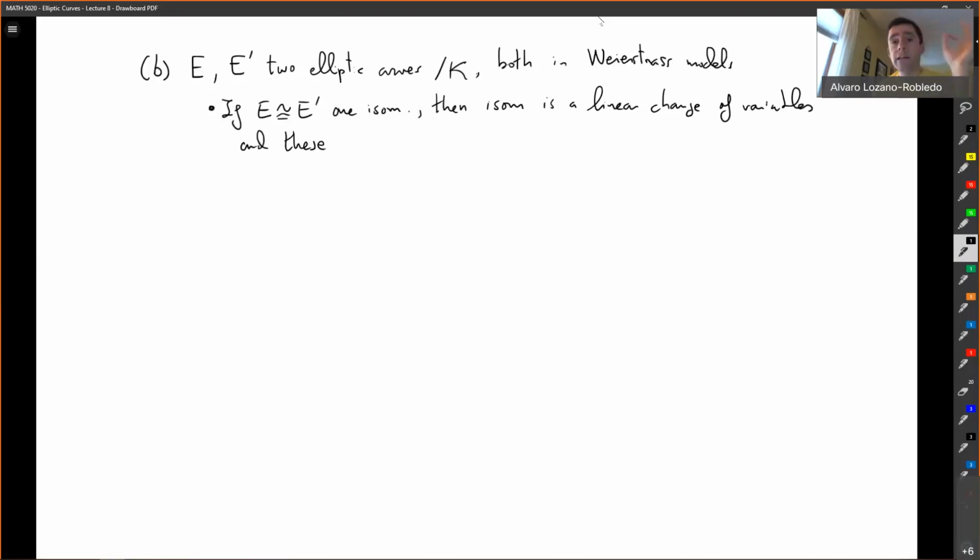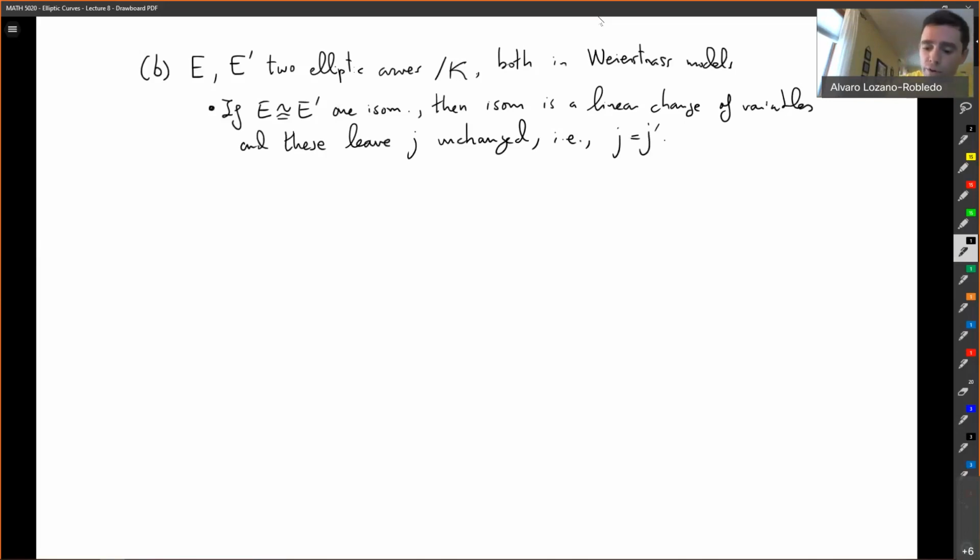These leave the j-invariant unchanged, i.e. j equals j prime after one of those changes of variables. So the j's would be the same.